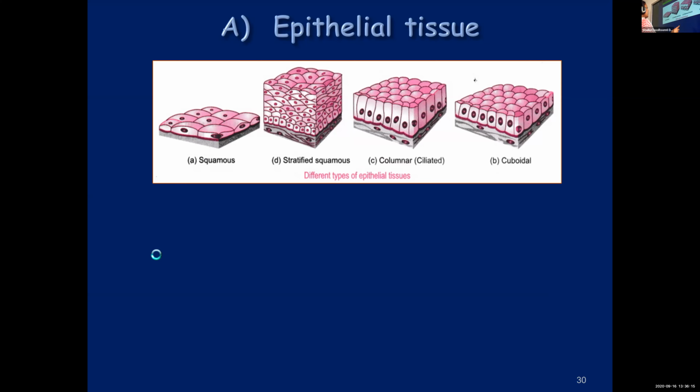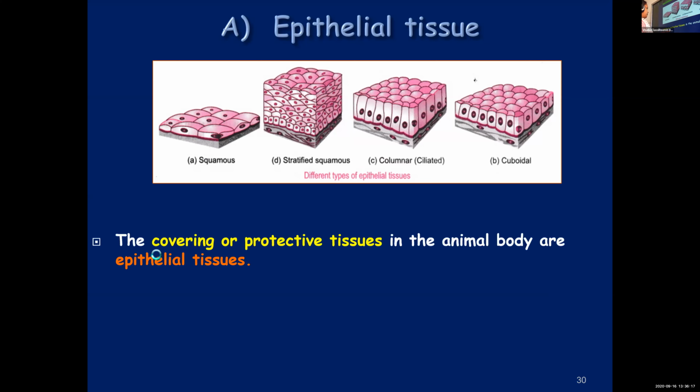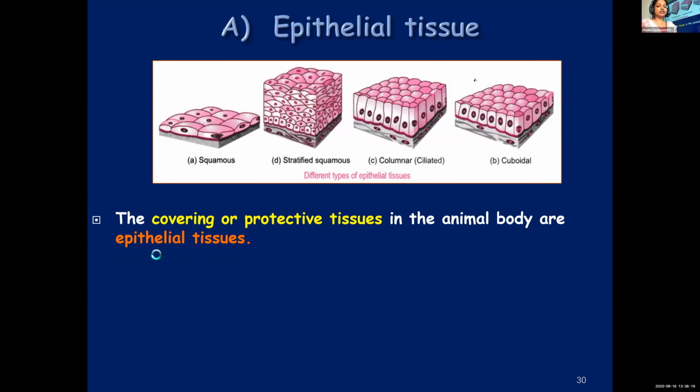Epithelial tissue. Let us start with the first point. Epithelial tissue is the one which covers and protects the animal body, or else you can say the covering and protective tissues in the animal body are known as epithelial tissues.